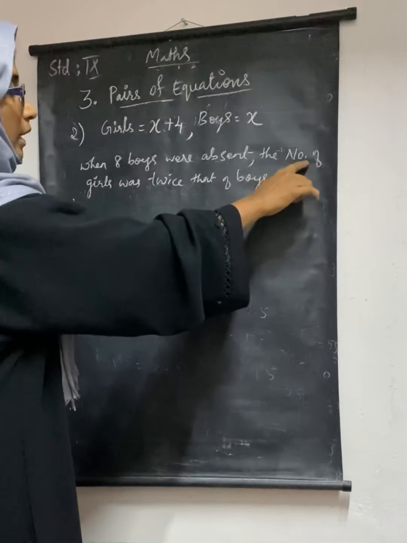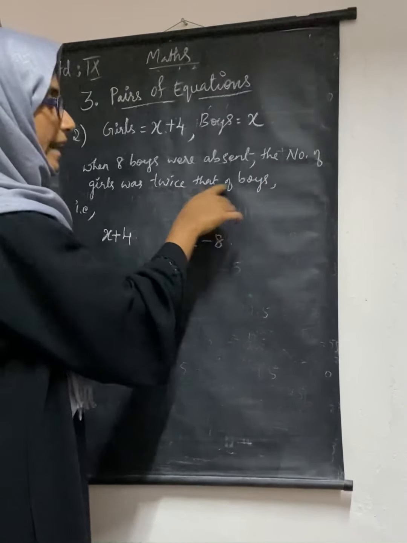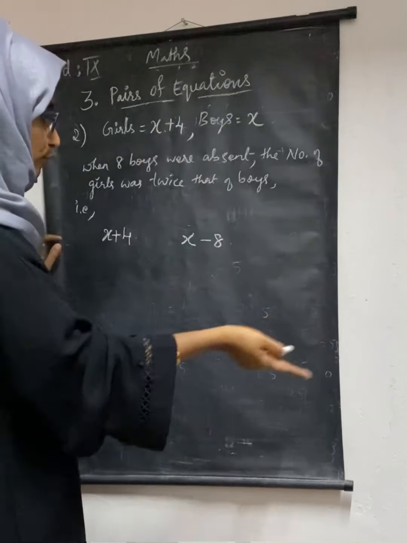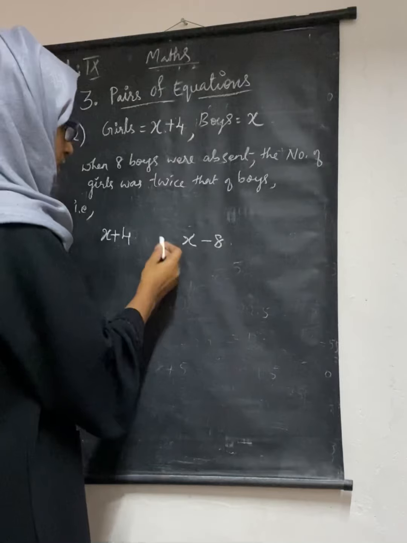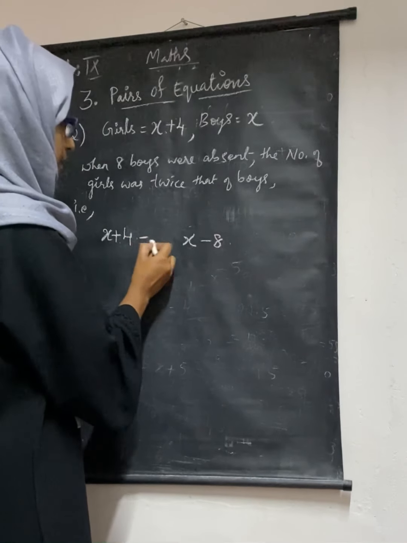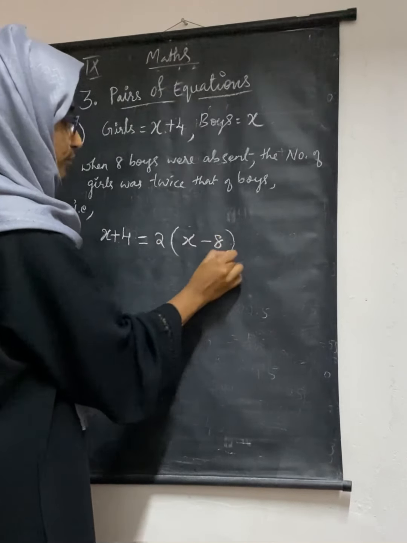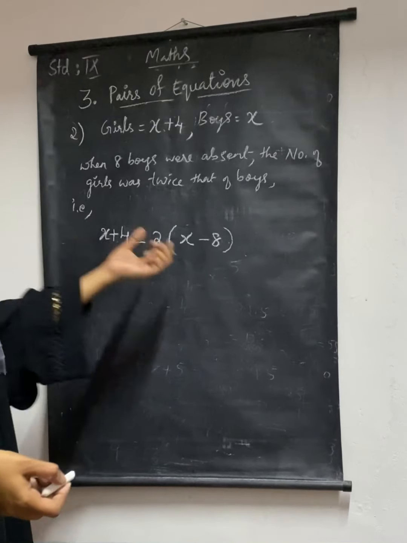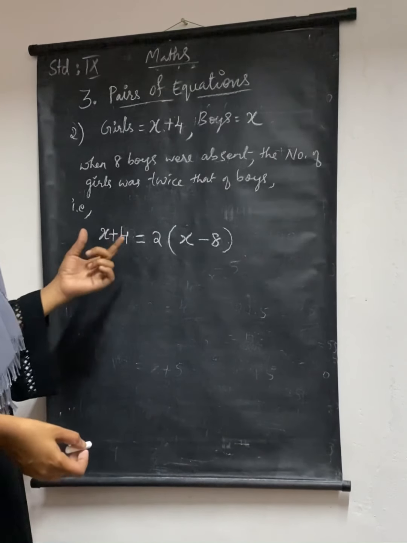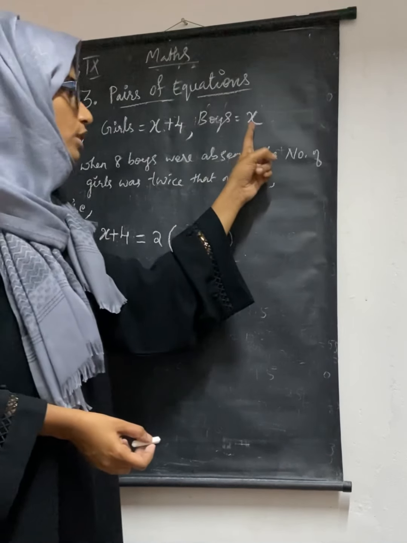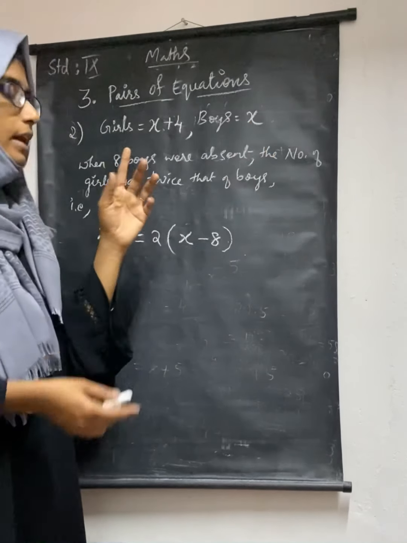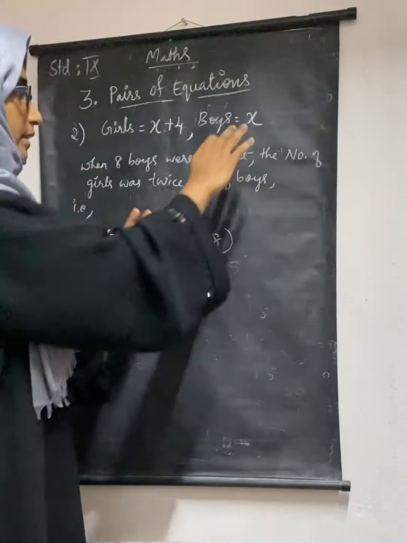They all are present, nobody is absent. So that time the number of girls was twice that of boys. Just now we got the number of boys as x minus 8. This is the way we have to make an equation. I hope you all understood. When 8 boys are absent, you have to minus 8, so you got x minus 8.